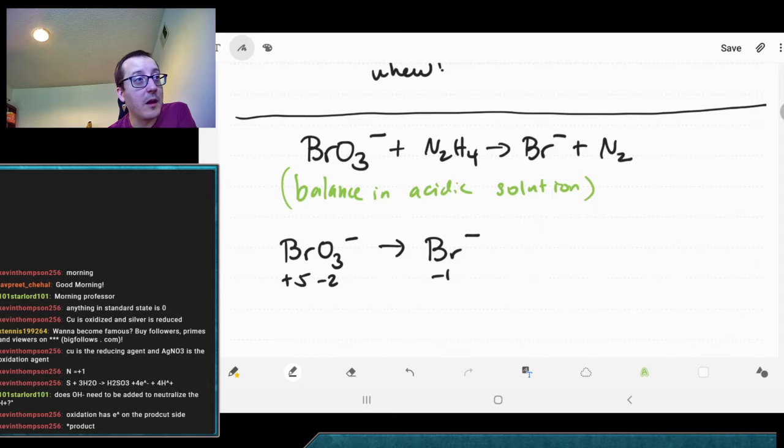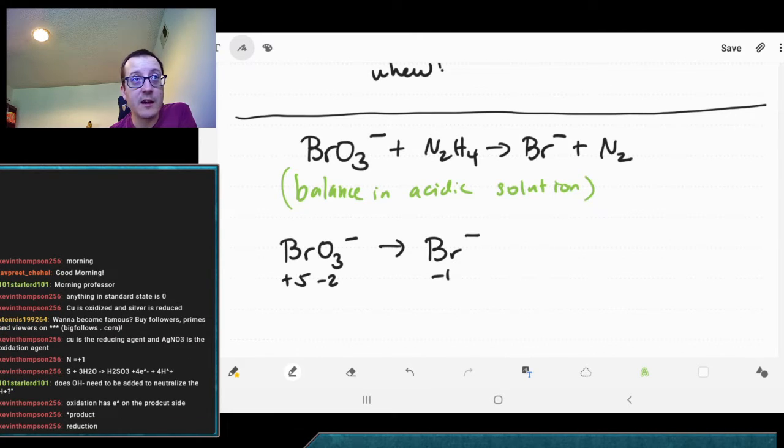So this is, by the way, since we're on the practice, going to be a reduction half reaction, right? It's important later because when we're talking about electrochemical cells and batteries and that sort of thing, it's important that we know which one is the reduction and which one's the oxidation. So with that, let's go ahead and balance this.